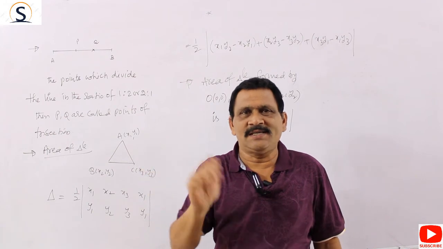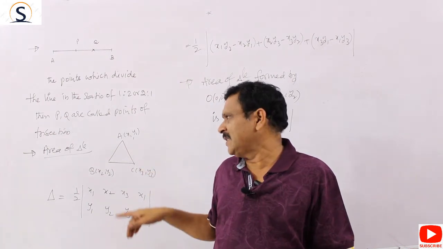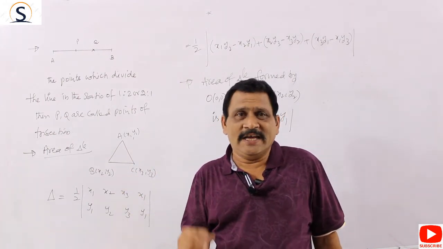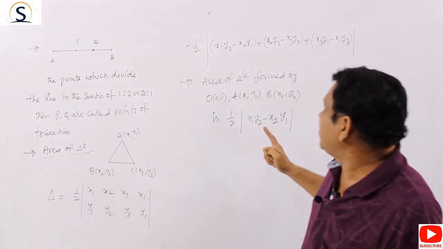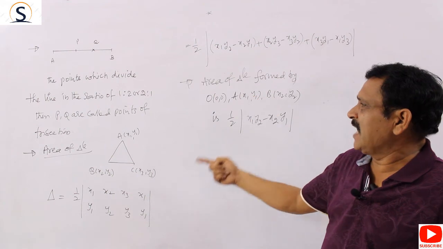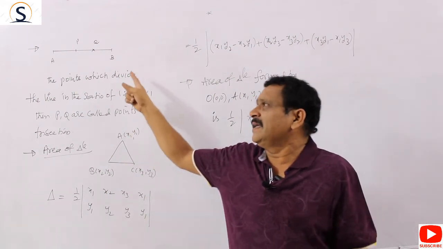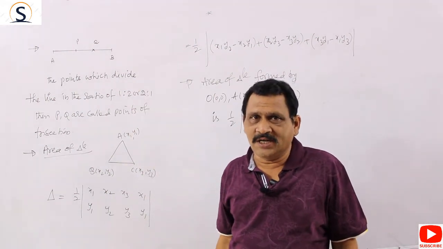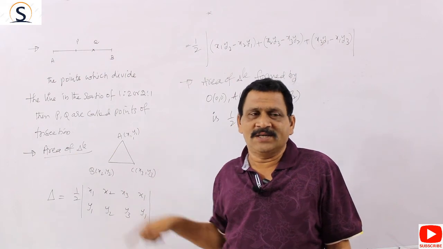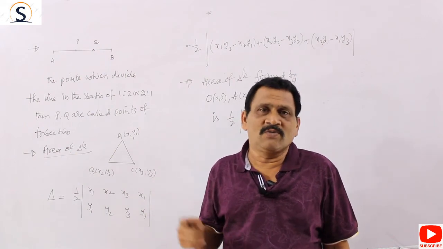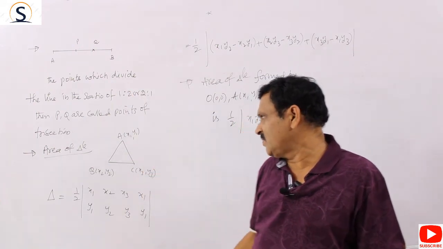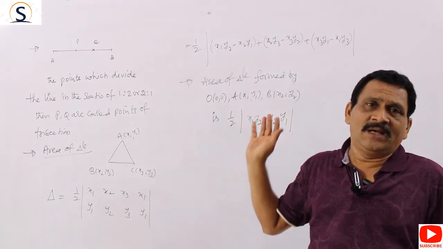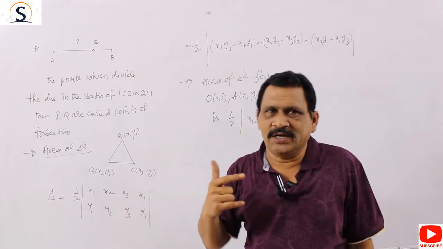Next, distance between points. After that, division points: internal, external, and equal division. After that, the area of the triangle, then points of trisection, the 1:2 and 2:1 division points, and the area of the triangle with different coordinates.